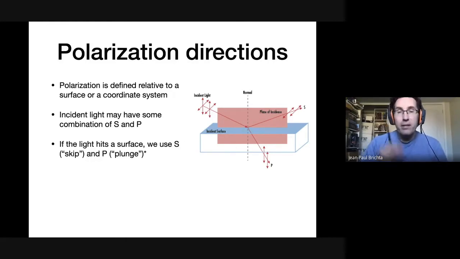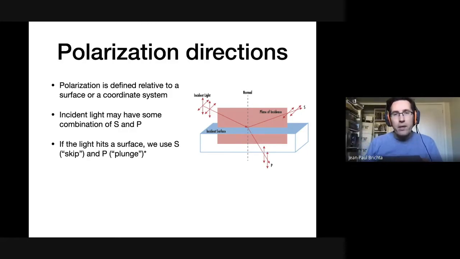One thing to help you remember these letters is a mnemonic that comes from one of my professors in university: S is skip. If I have a surface like this and light coming in, S polarized light will skip off, so this will be the light that reflects off the surface.